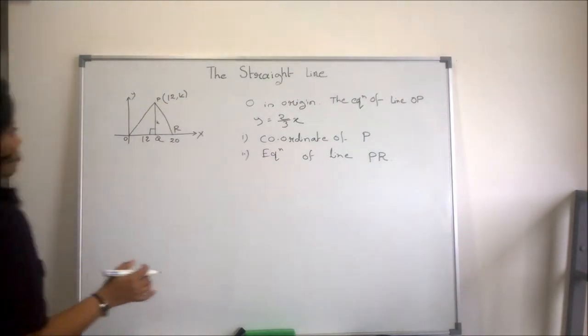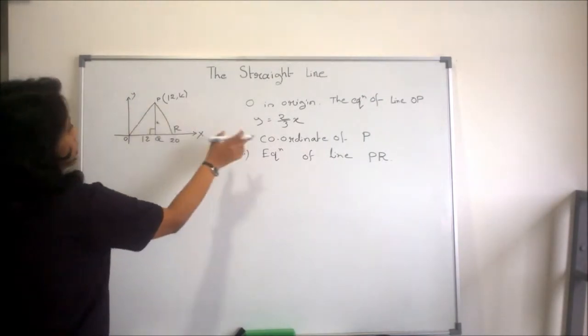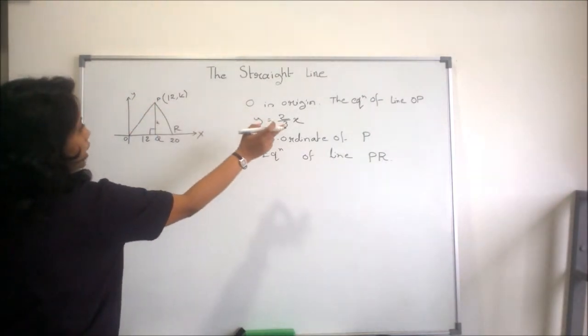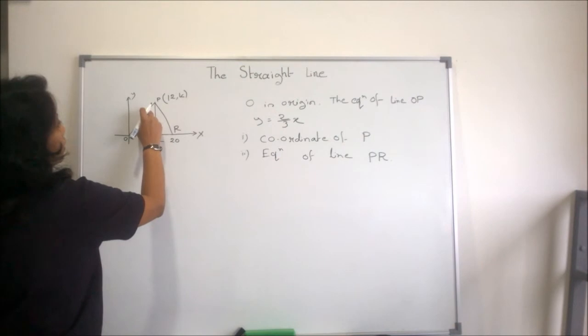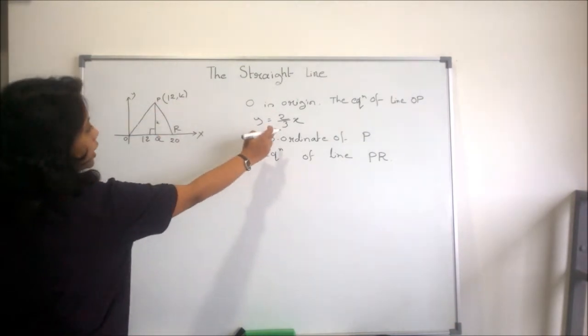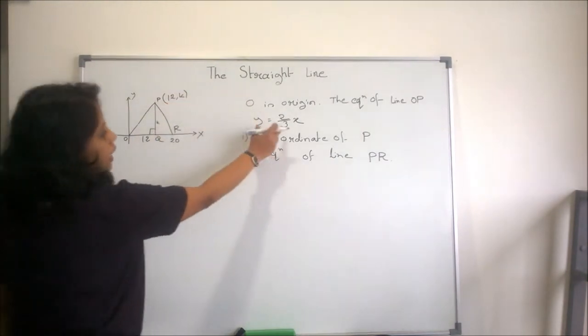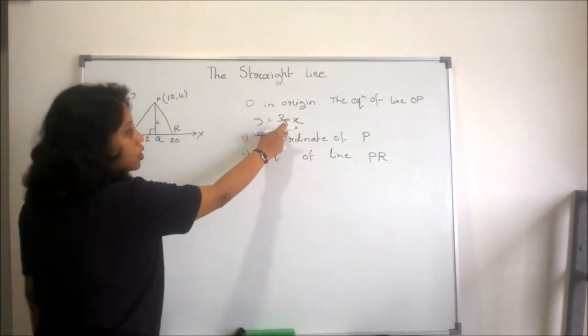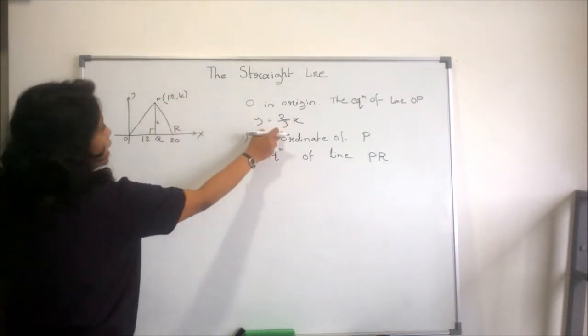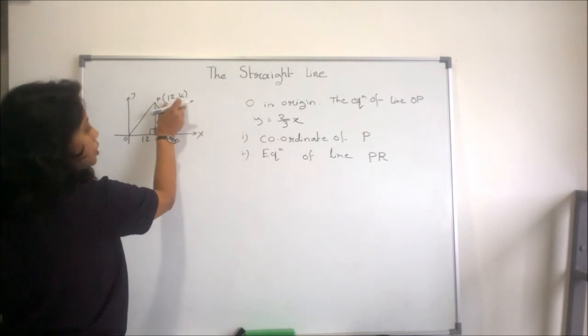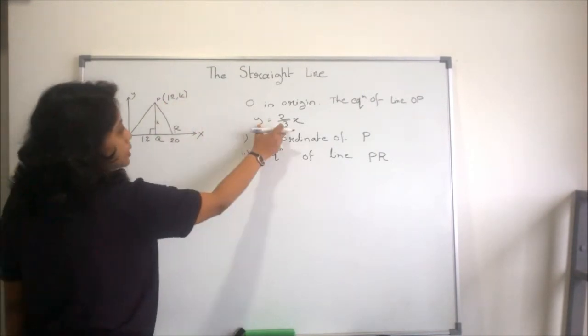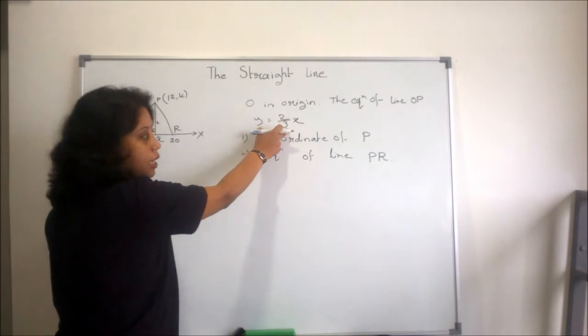Now the equation of the line OP is given, this is y = 2/3 x. So this point must satisfy this equation. This line passes through this point, so this point must satisfy this equation.